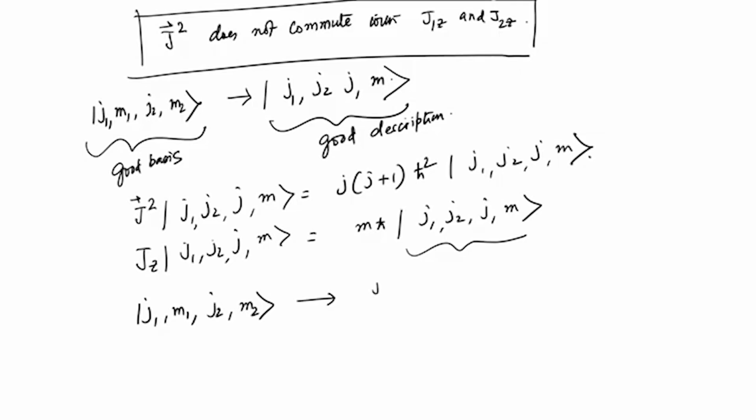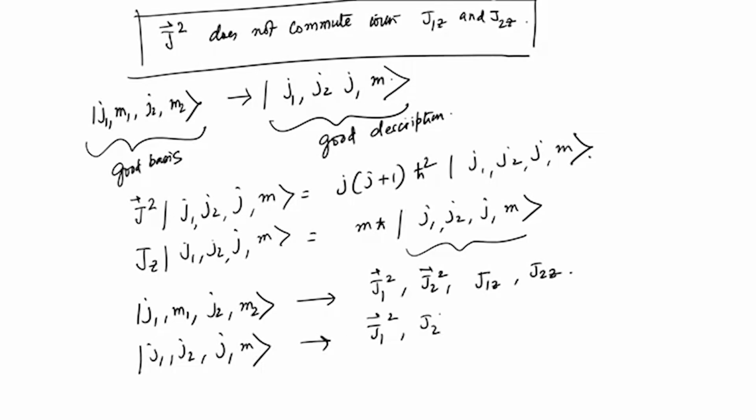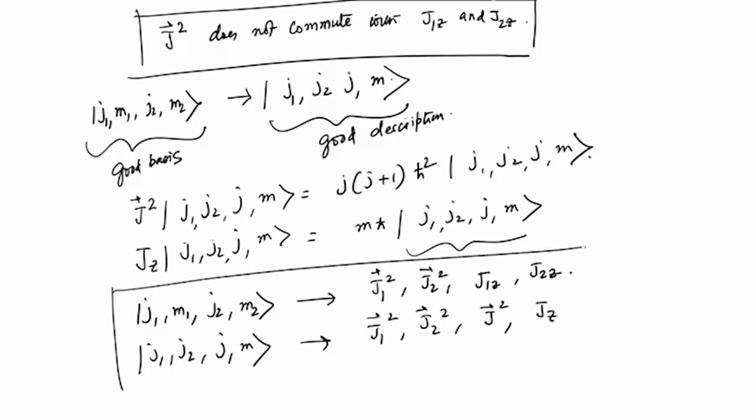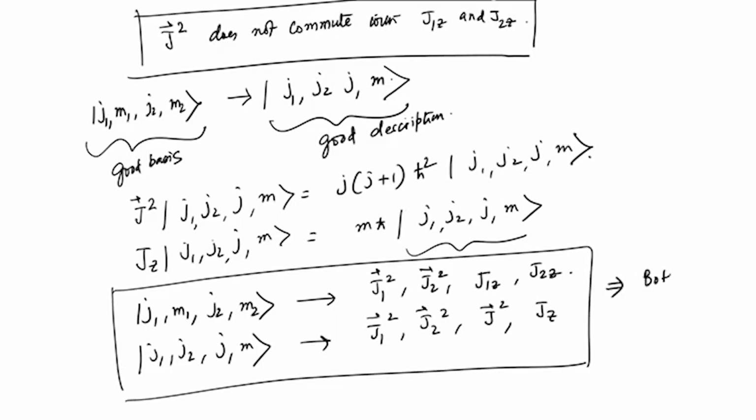So, here we have the operators J1 square, J2 square, J1Z and J2Z, and there we have the operators J1 square, J2 square, total J square and total Jz, with their eigenvalues. Both are good descriptions.